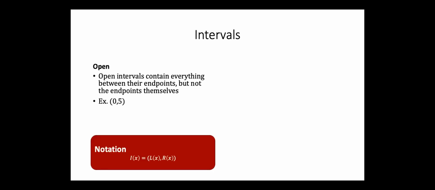And the notation, as you've noticed, is going to be the interval for this X is represented with the open and closed parentheses. The other type of interval are closed, which are going to be the same as open intervals, except that they contain their own endpoints. So for example, the closed interval from 0 to 5 contains everything in the open interval from 0 to 5.